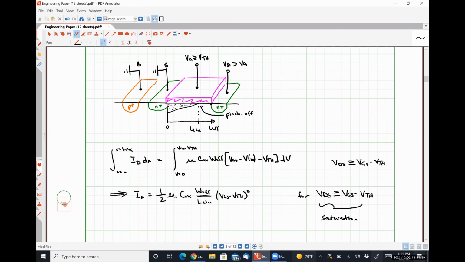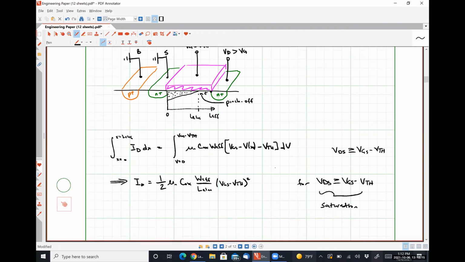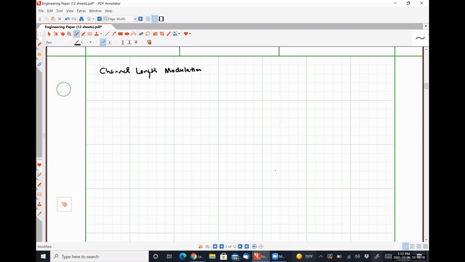As that VD gets larger and larger, the location of where pinch off occurs makes the channel shorter and shorter, right? The actual length of the channel that's supporting that charge density gets shorter and shorter. And so we should see that as this L electric gets smaller and smaller, what should happen to the drain current? It should actually go up a little bit, okay? So this phenomenon is what's known as channel length modulation, okay?